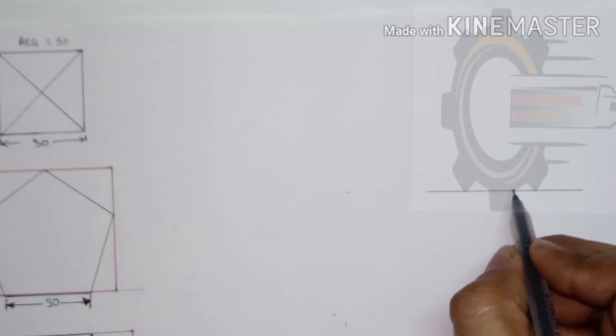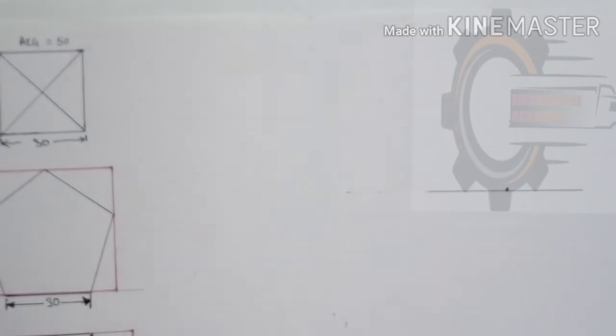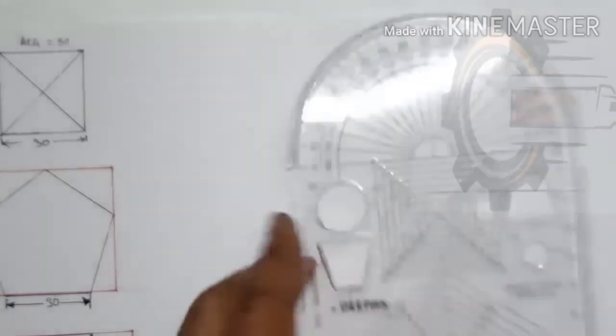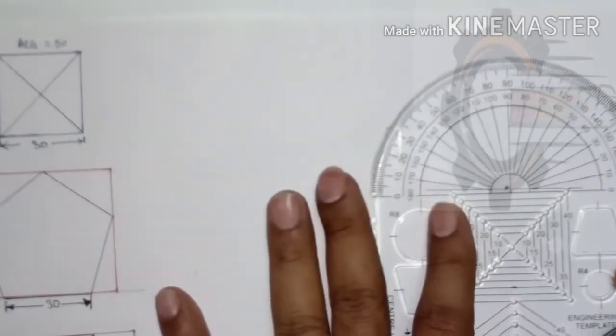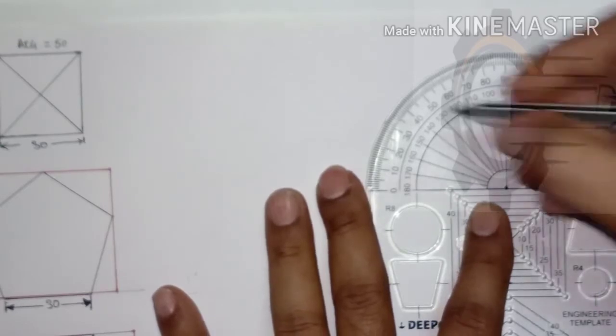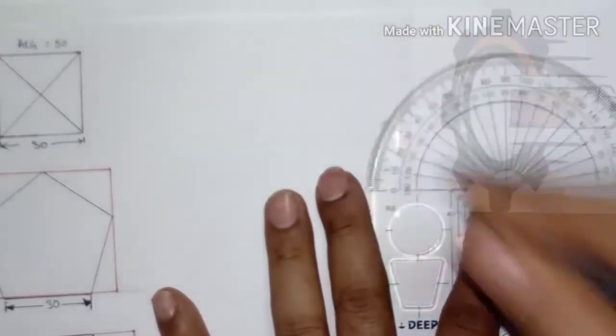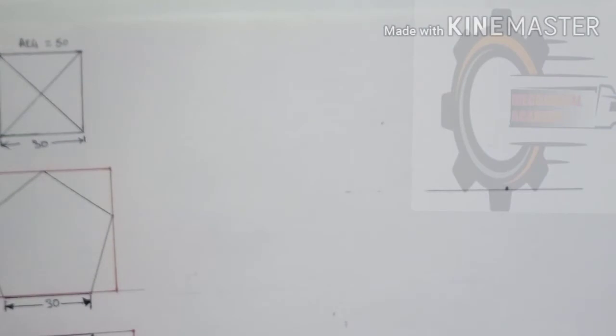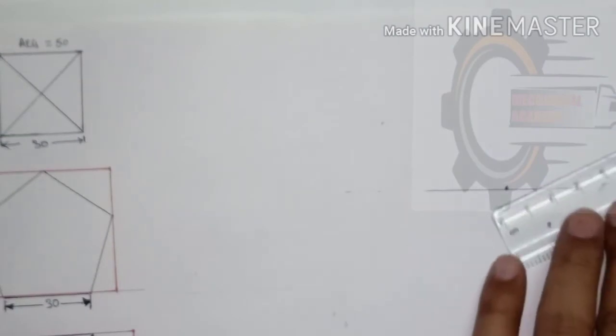Now I'm going to mark a point over here. From that we'll draw the 30 degree lines, the first one here and the second one here. Now the distance is 30 mm.